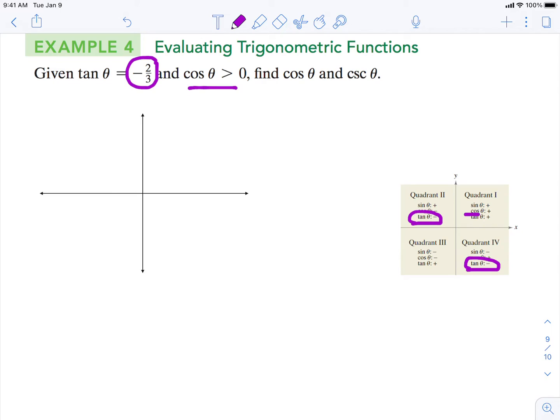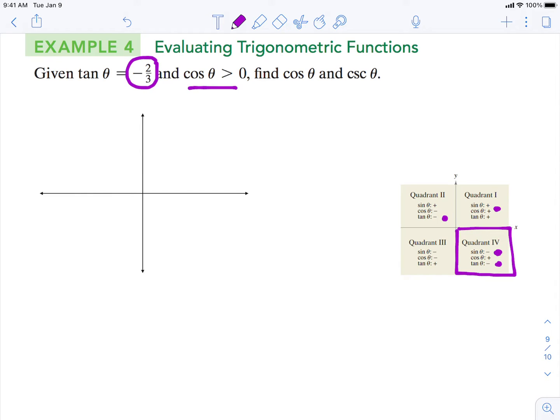So it's positive in quadrant 1 and in quadrant, these are hard to see here. So here's the negative tangent and the negative tangent. And then the cosine being positive is in quadrant 1 and quadrant 4. So the one that has both situations to exist is quadrant 4.